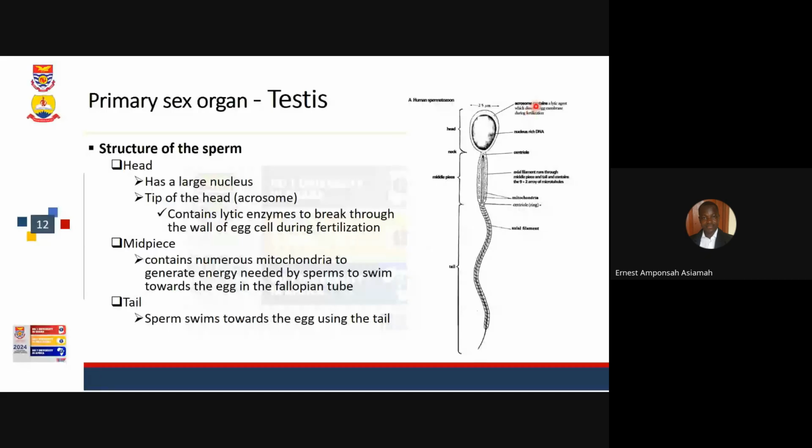This acrosome contains digestive enzymes, and these digestive enzymes usually dissolve the egg membrane during fertilization. So before the nucleus of the sperm can fuse with the nucleus of the egg, the egg membrane should be digested.